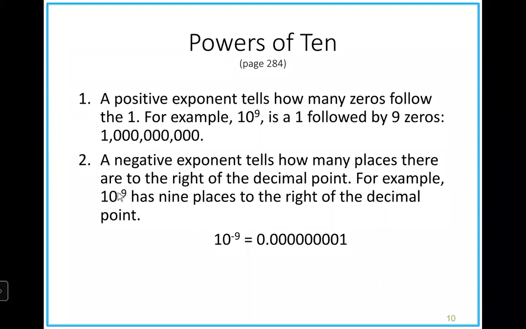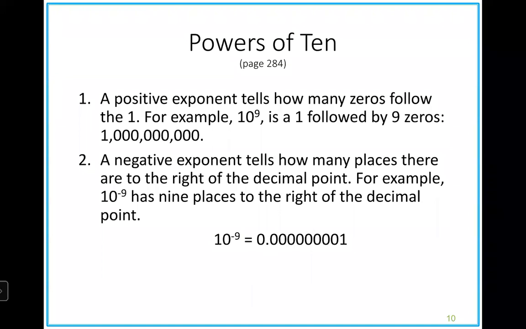So if you have 10 to the negative 9, it means that there are 9 places to the right of the decimal point. So you're going to go 1, 2, 3, 4, 5, 6, 7, 8, 9. So to the right of the decimal point, you have 9 places.